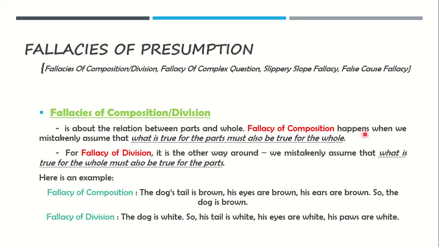Fallacy of composition happens when we mistakenly assume that what is true for the parts must also be true for the whole. A thing cannot become a whole without its components. For the fallacy of division, it is the other way around. It is the opposite of the fallacy of composition. We mistakenly assume that what is true for the whole must also be true for the parts.